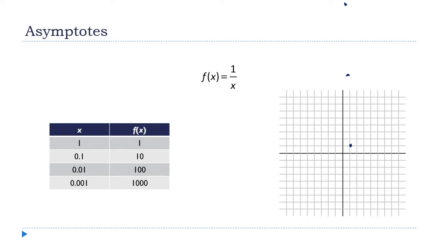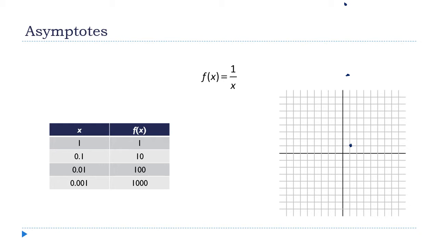And hopefully now you see the trend, right? The numbers are getting really, really big. But the key point I want you to see here, doesn't matter how close I let my x values creep into 0, the function value itself is never going to be 0. I'm never going to actually make it all the way to the y-axis and have a y-intercept.